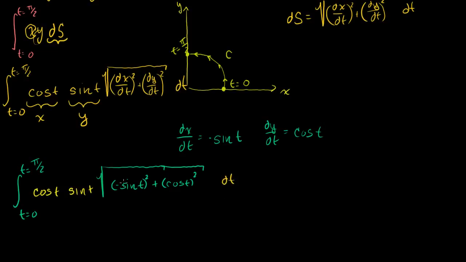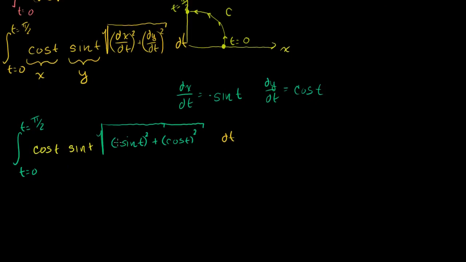Now, this still might seem like a really hard integral until you realize that when you take a negative number and you square it, it's the same thing. Minus sine of t squared plus cosine of t squared is the same thing as sine of t squared plus cosine of t squared, right?